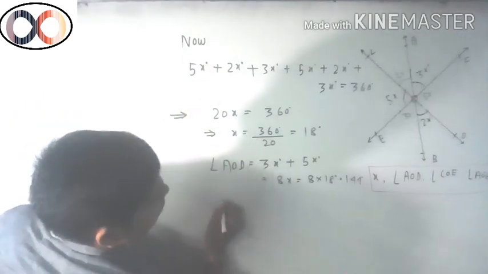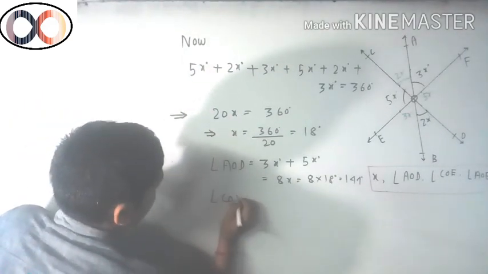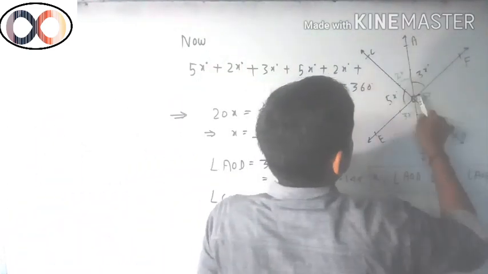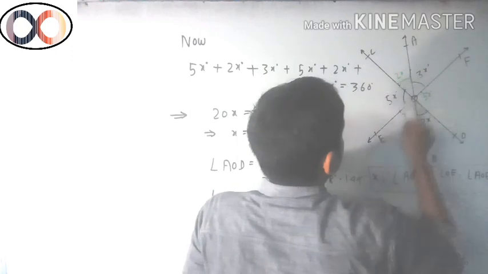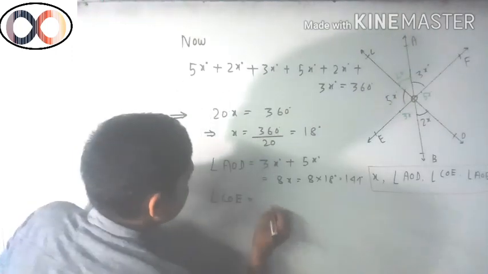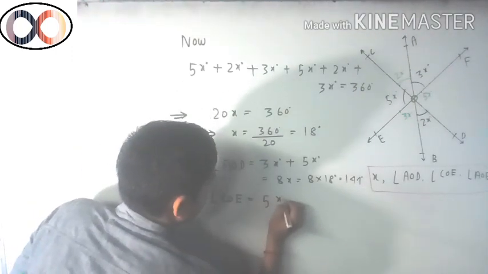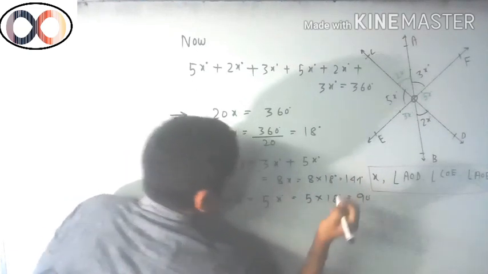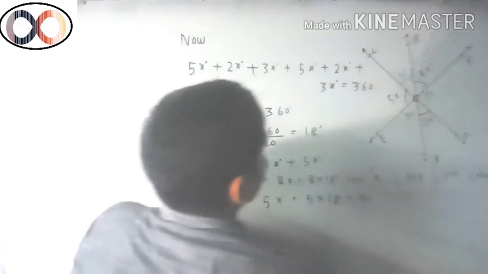Next is COE. Where is the COE? You can see COE is 5x, so 5 into 18, that is 90. Next, AOE.